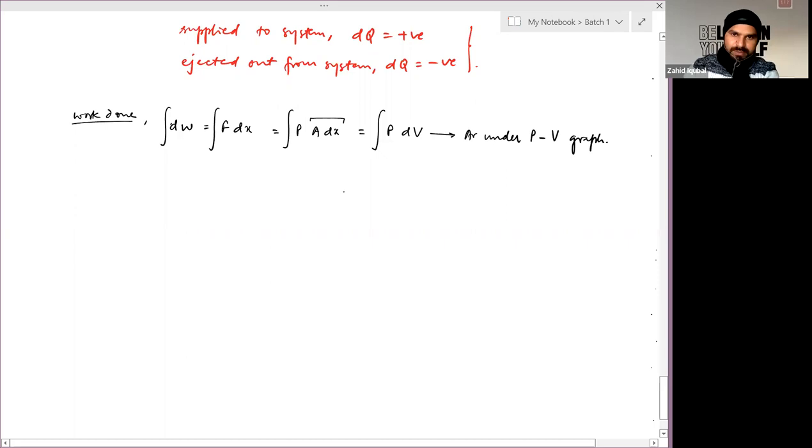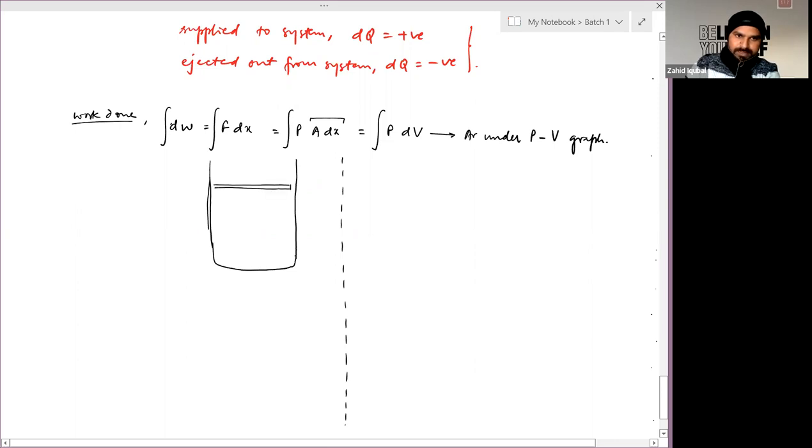Now related to this part, suppose there is a vessel and a piston attached, enclosing any gas.